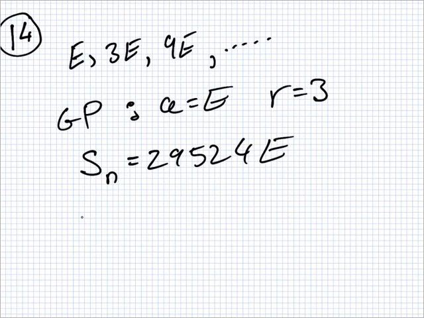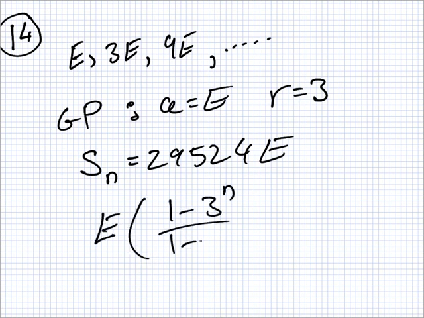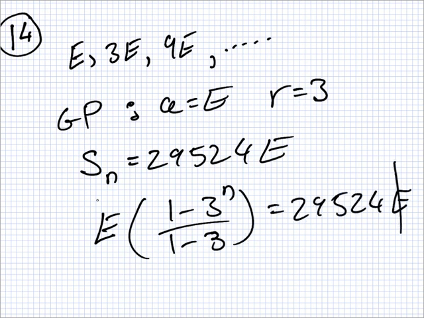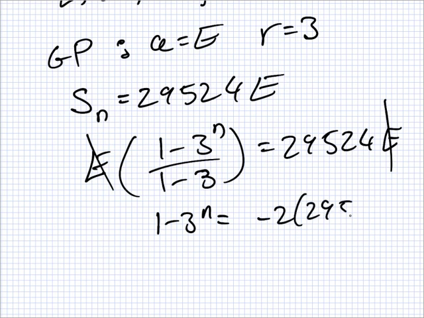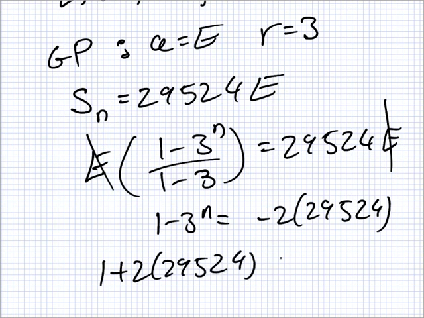So A times 1 minus R^n over 1 minus R. So what's nice here is I didn't actually need the E's. That's a minus 2, isn't it? So 1 minus 3^n equals minus 2 times 29524.